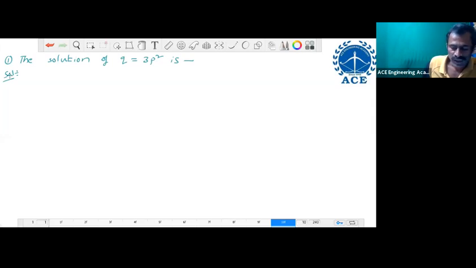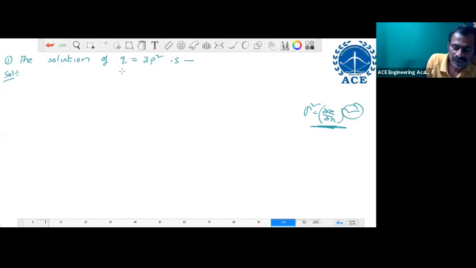The equation is in terms of p and q. It is a first order partial differential equation, but p square means dou z by dou x whole square. Because of this power 2 of the derivative, it is nonlinear. First order derivative, but with degree 2. That's why it is a nonlinear first order partial differential equation.